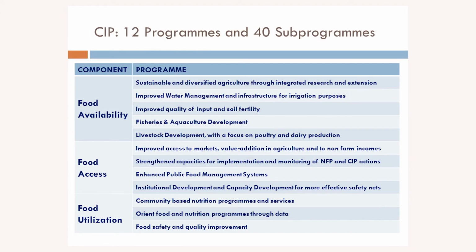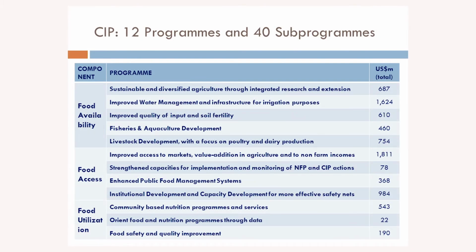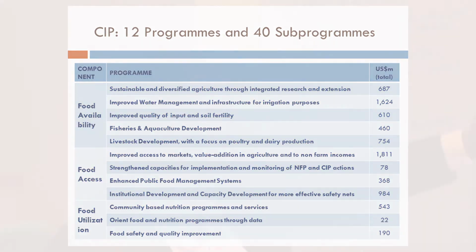You know that we have 12 programs. Again, I slightly changed this slide to say every program is provided with a budget. This is the actual budget, the actual figures from the most recent monitoring report of a counter-investment plan. We're talking about $10 billion overall. We also know what the financial gap is, in the second column.